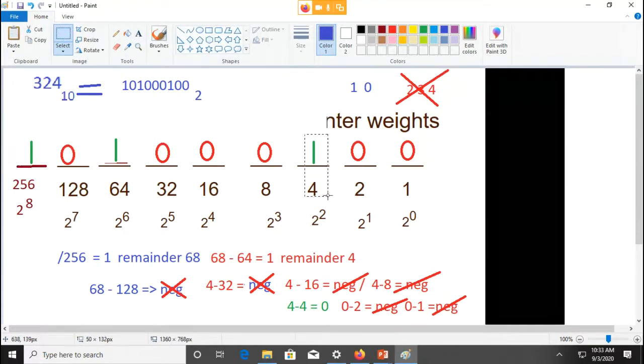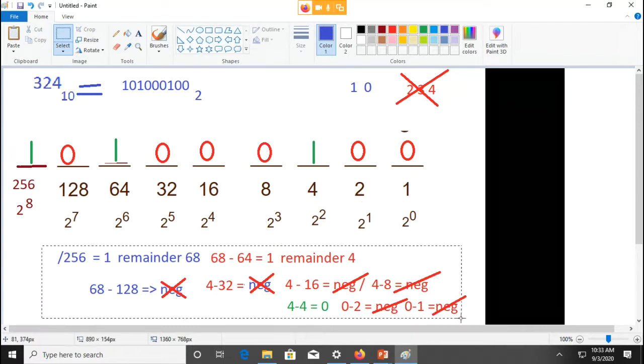And that gave us a 1 in the 4's column. Then we have a 0 and a 0 because we had nothing left, so the rest of them just end up being zeros. All right, so that's how we can convert from the decimal numbering system into the binary numbering system.